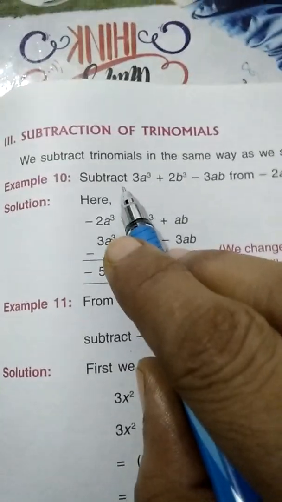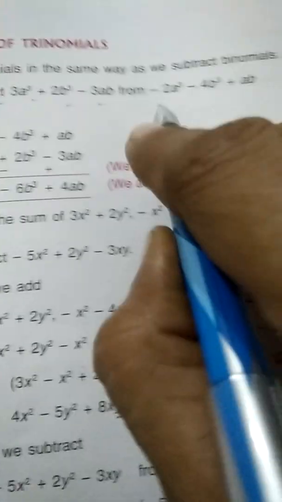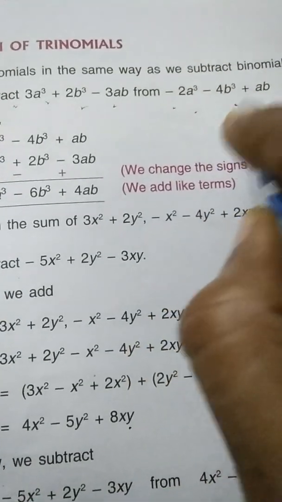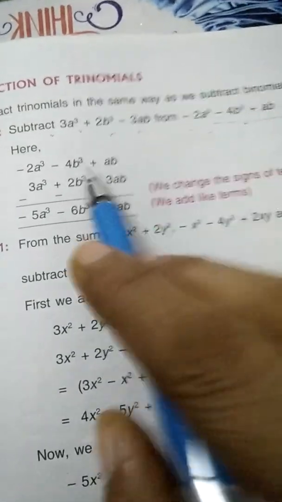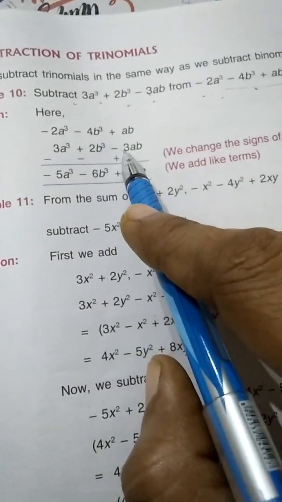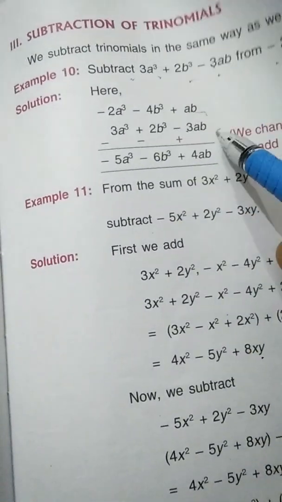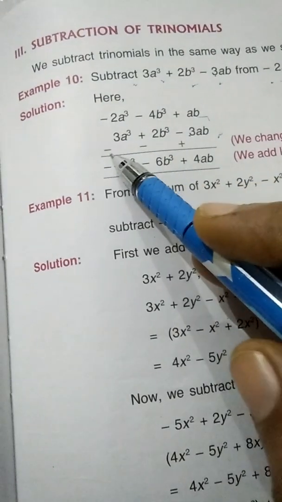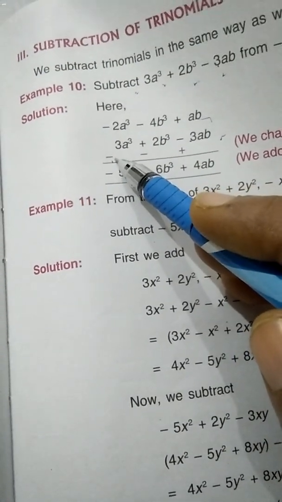So example 10, subtract 3a cube plus 2b cube minus 3ab from minus 2a cube minus 4b cube plus ab. First of all we write this expression, then we write this expression, and we are going to solve this by column method. Then we change the signs of the subtrahend.